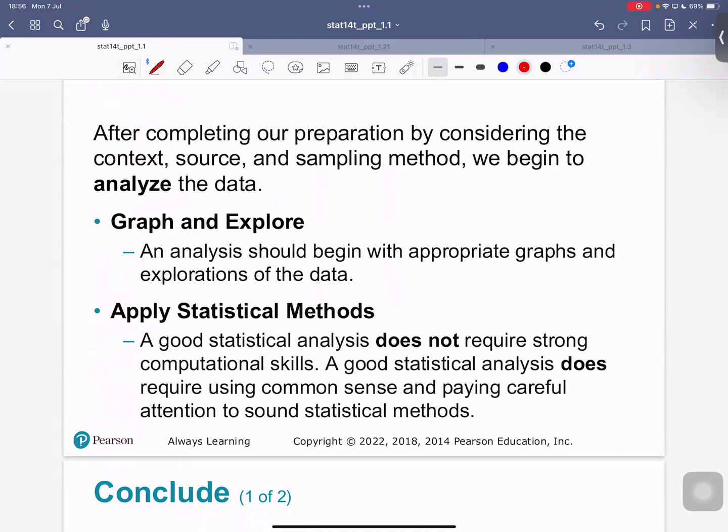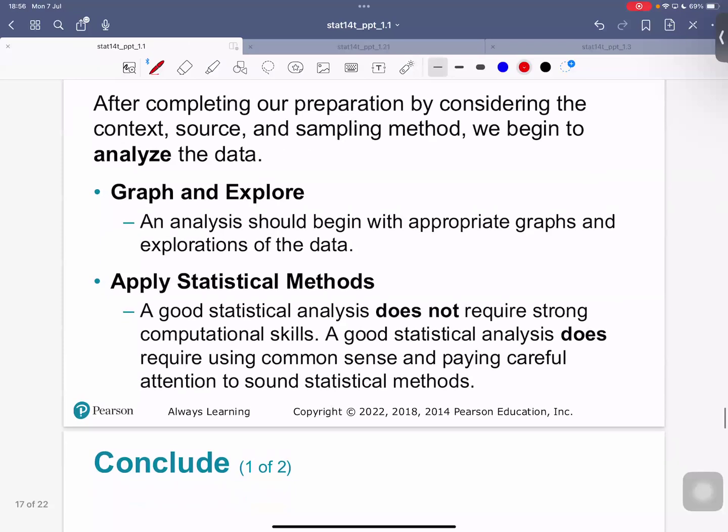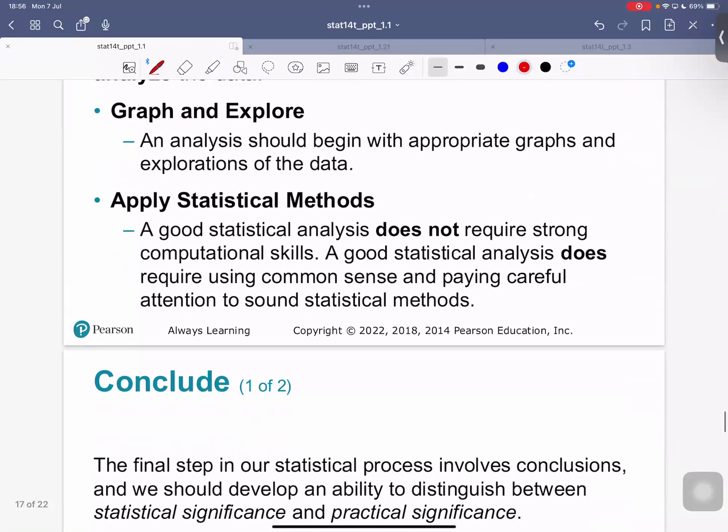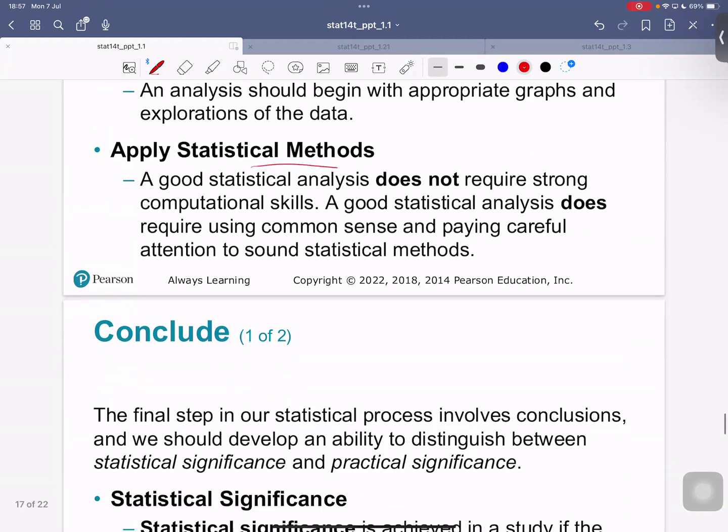So for graph and explore, an analysis should begin with appropriate graphs and exploration of the data. And for the statistical methods, there are a lot of methods we'll study later. A good statistical analysis does not require strong computational skills. A good statistical analysis does require using common sense and paying careful attention to sound statistical methods.